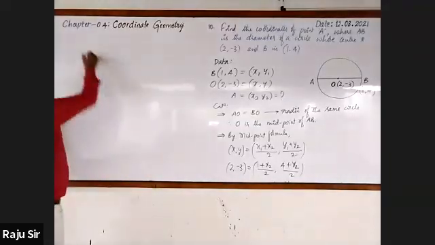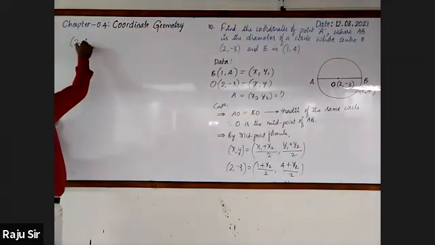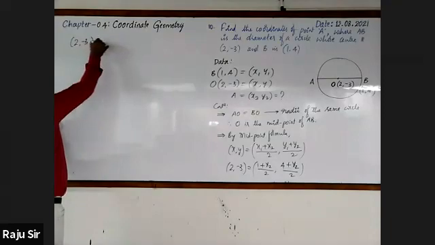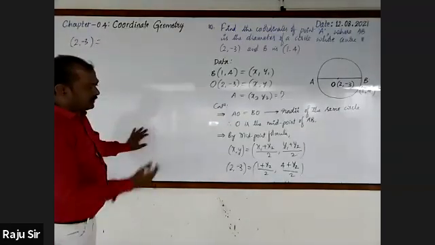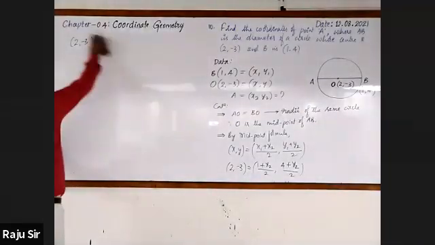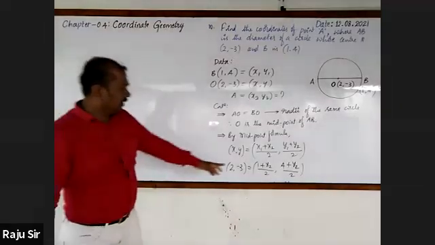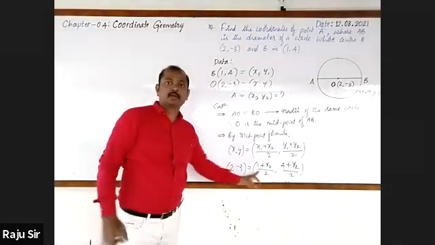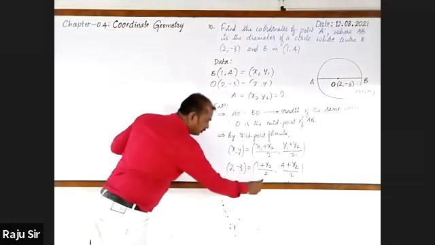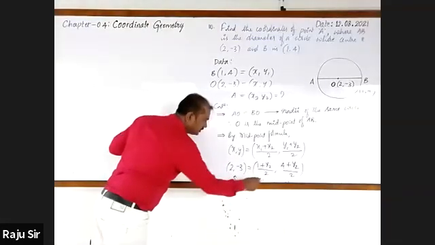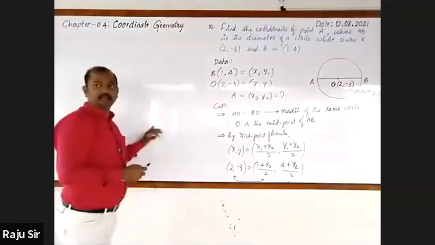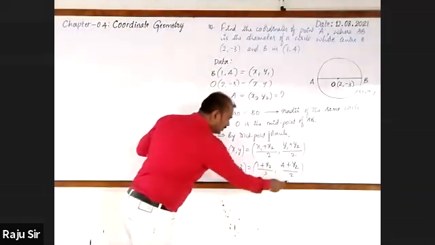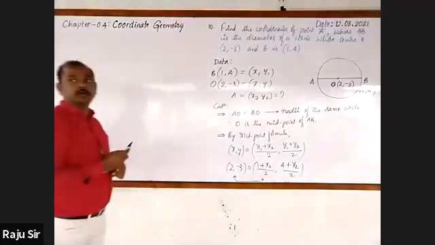Here, (2, -3) is equal to further simplification. This cannot be simplified further. So to find x2, we have to equate the x coordinates, and to find y2, let us equate the y coordinates.